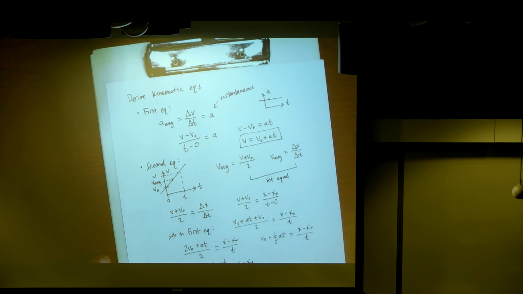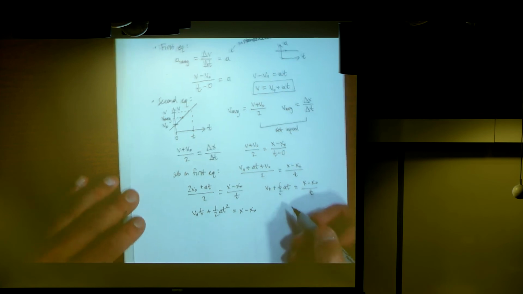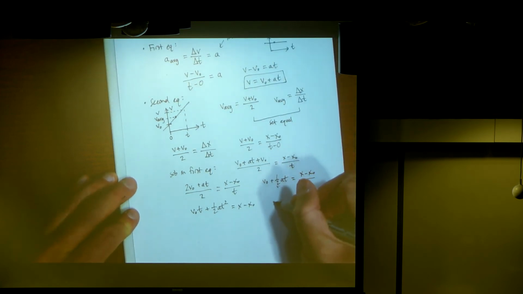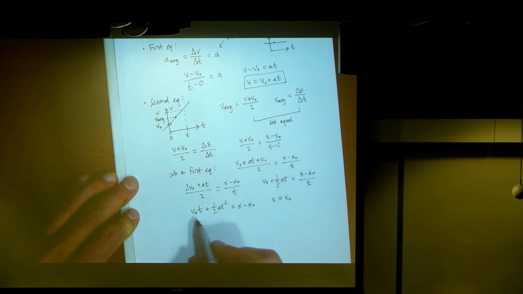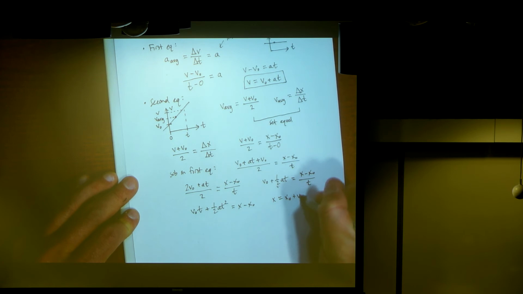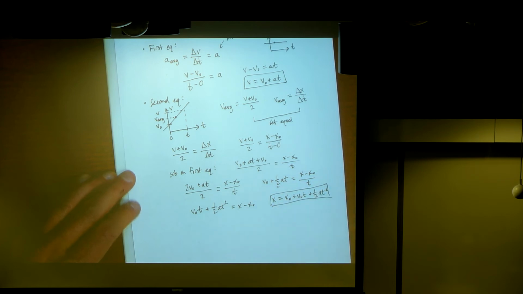So to finish this off, just throw the x naught on this side, it becomes positive, right? X equals x naught plus v naught t plus a half at squared. That is our second kinematic equation right there.